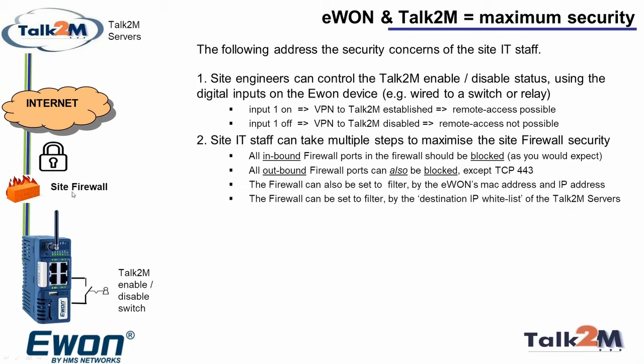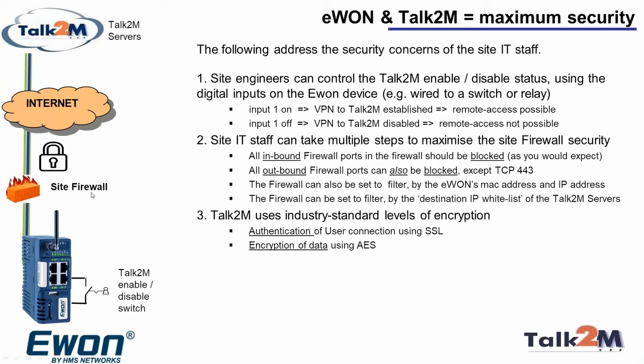And in the firewall, you could also add rules that the Ewon can only establish a VPN to a small number of known IP addresses where the Talk2M servers are known to exist. So using those sets of firewall rules in a firewall device, you can get some pretty good filtering to make sure that only this Ewon on this cable can even make a connection in the first place.